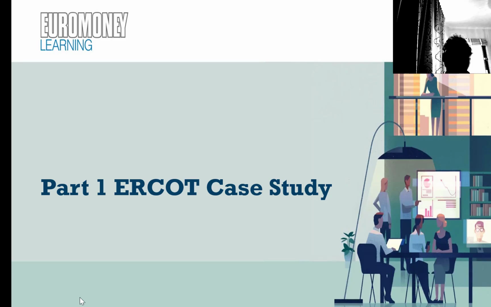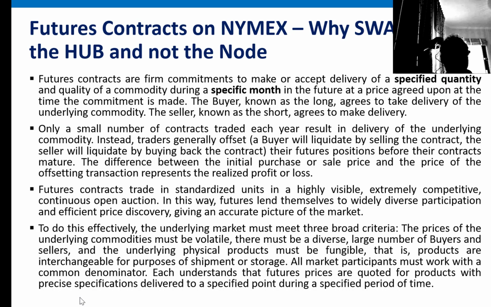Now, to really get into this, I thought this time, instead of just BSing around, let's talk about how you hedge prices and what goes on. Now, this, for me, I hadn't read this forever, and this is just a little blurb that NYMEX puts out. And they just say, what are futures contracts? And the very first thing they said, specified quantity. A contract for difference where you sell whatever output you have, that is not something that you would see on NYMEX. And then they talk about it over a month.